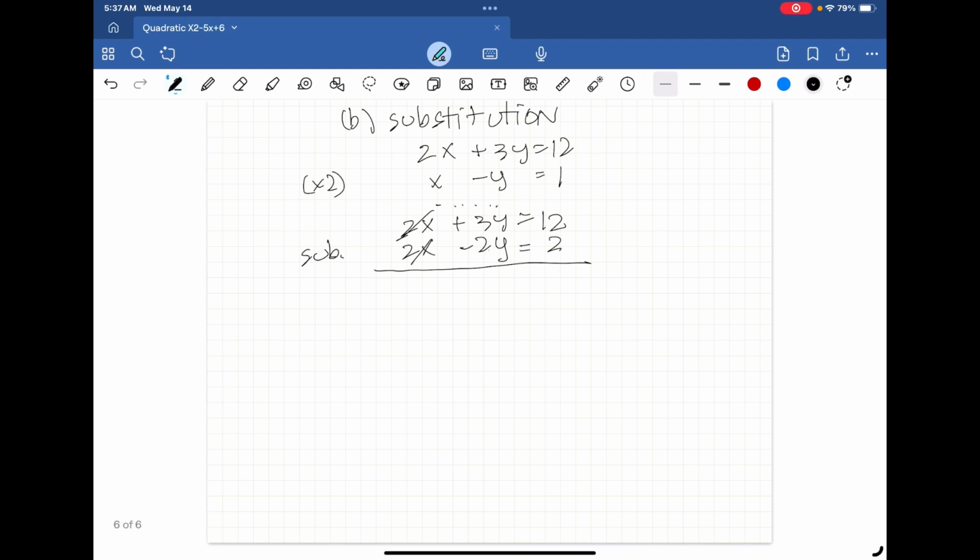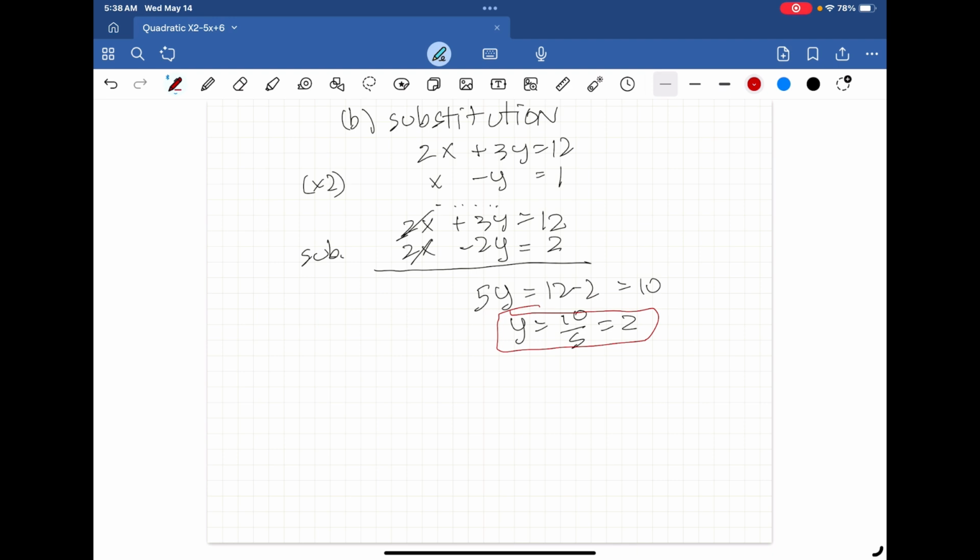We subtract this from this, and we're going to get 5y, because it's 3y and it's a minus 2, which makes that a plus 2. So 12 minus 2, 5y is equal to 10, and y is equal to 10 divided by 5, which is equal to 2. So that's the same result we got earlier. That's a good thing.